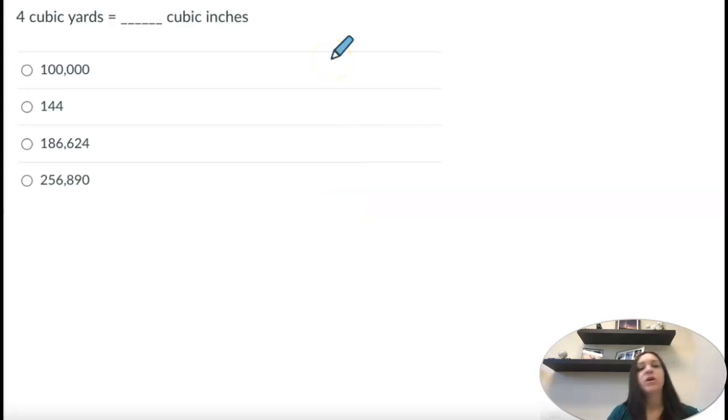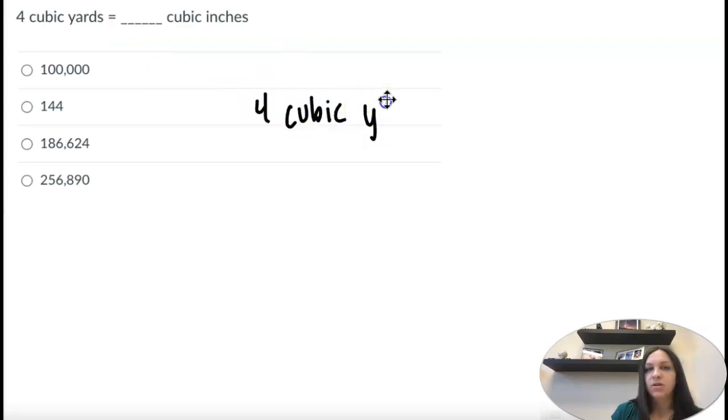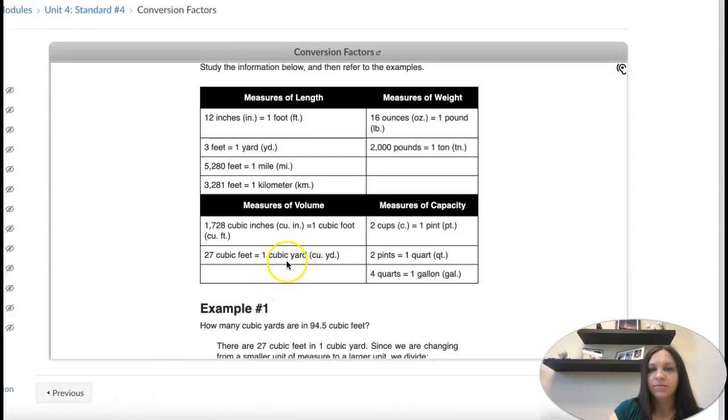So we want 4 cubic yards to cubic inches. Let's see if we can find a conversion factor for that. So this is cubic yards to cubic feet, and then cubic feet to cubic inches.